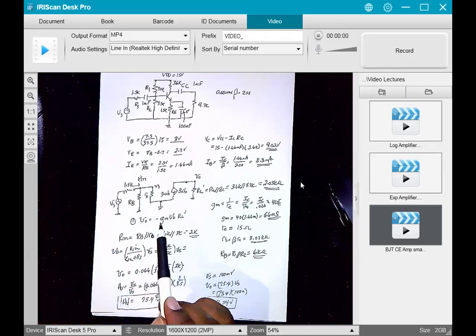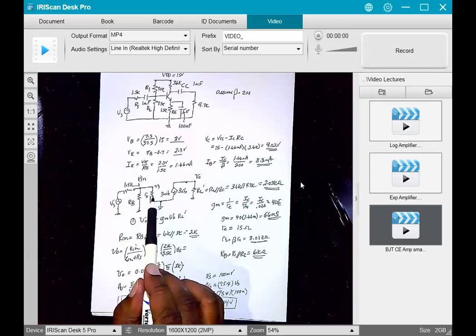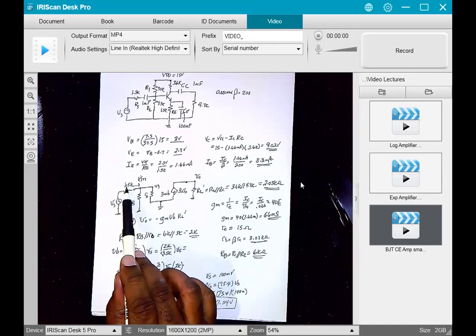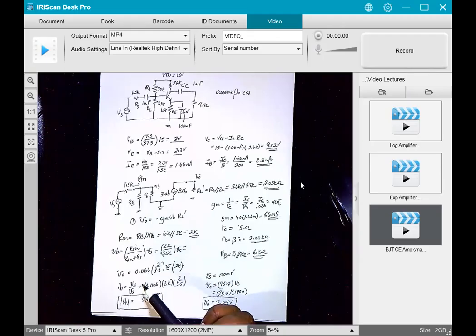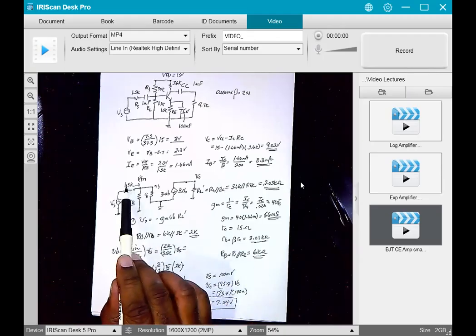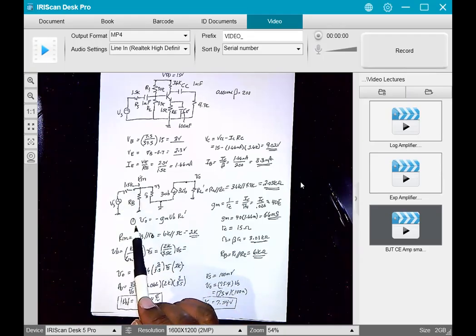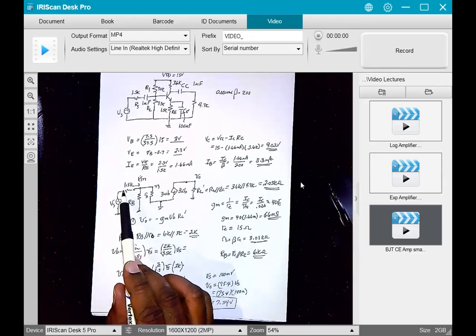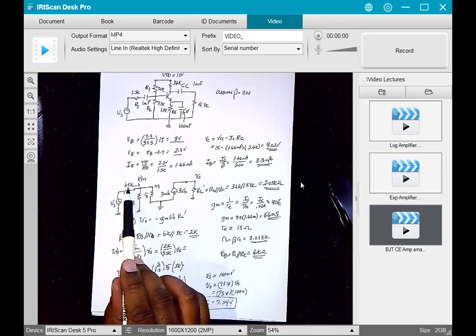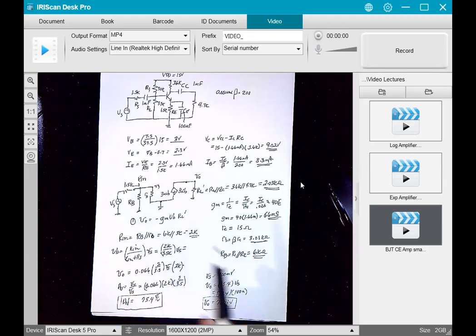So for the amplifier, what you really want is your input impedance to be much greater than this so that you're not losing any signal here. But in this particular problem, this is 1.5K. What you really want this to be is more like 50 or 100 ohms. But there's another way of dealing with that too, though.